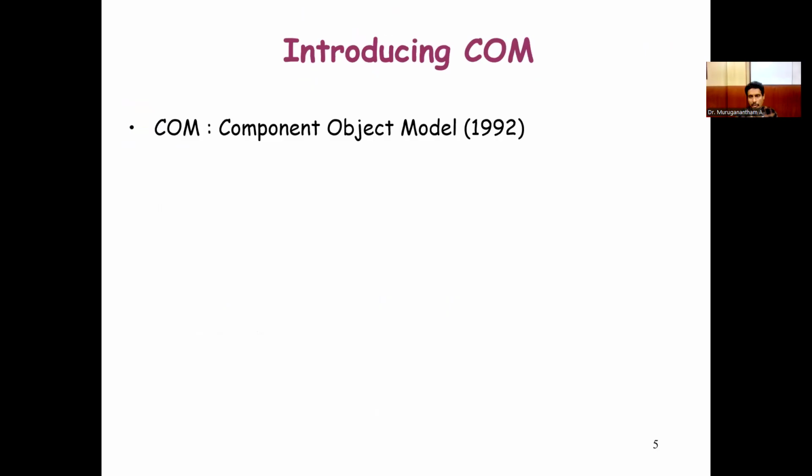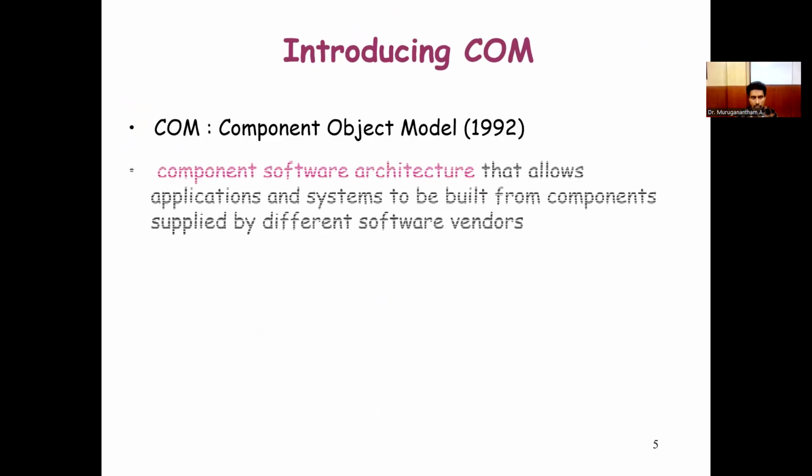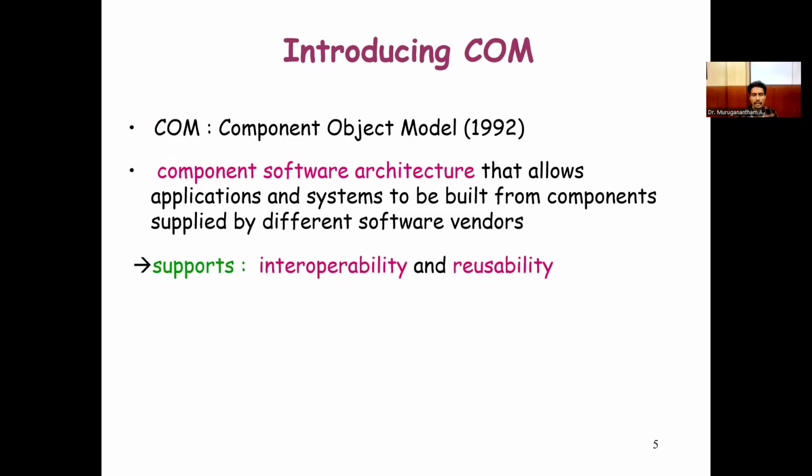COM was introduced in the year 1992 by Microsoft, and it is a software architecture that allows different applications to interact with each other. Applications created by different vendors can interact with each other and exchange information. That is why COM was brought to market, and it supports interoperability as well as reusability.